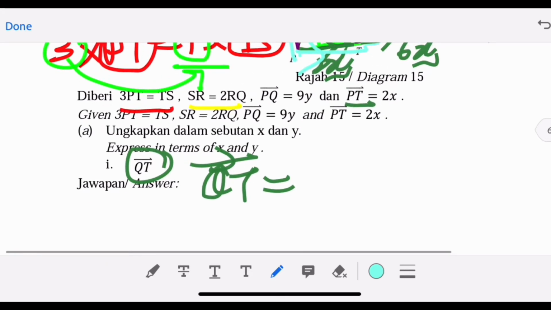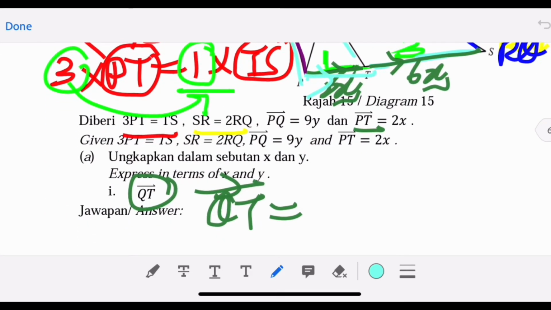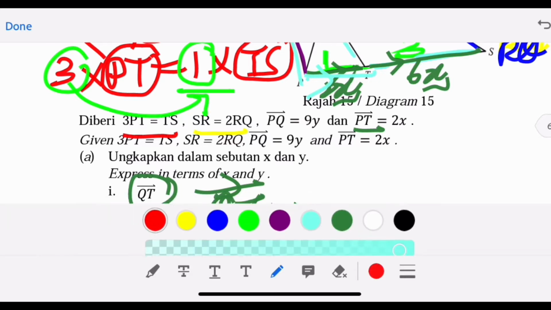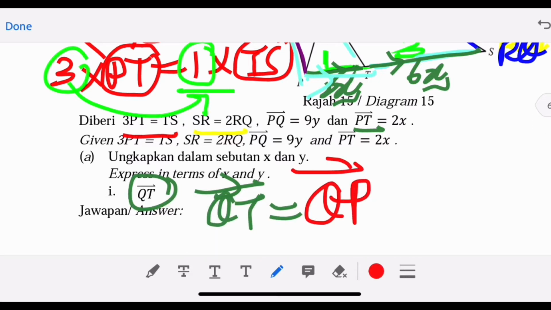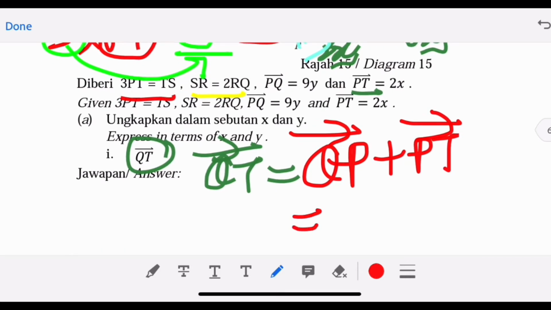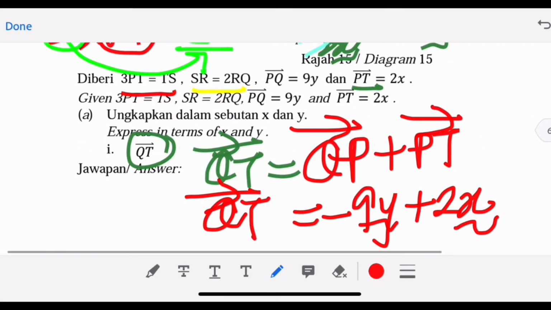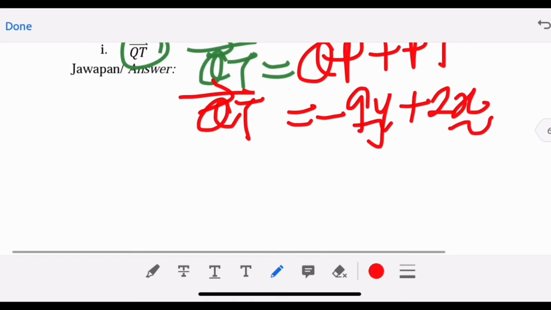For QT, we write the triangle law first: QP plus PT. But because QP is negative PQ, we write negative 9y plus 2x. This is vector QT. So we have vector QT ready.